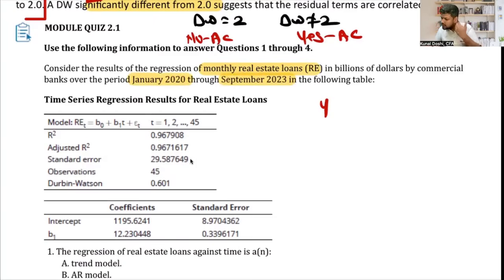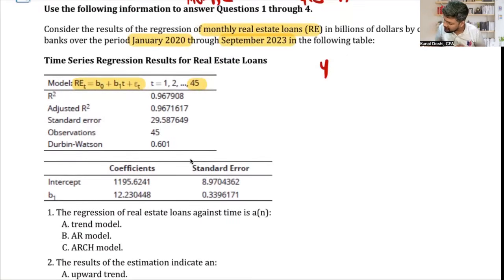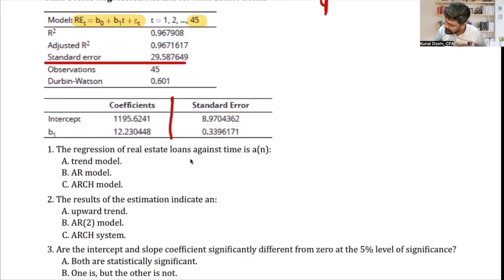So 12, 24, 36, plus 9, so 45 is my last time. This is my model. R square and all, observations are 45. The Durbin-Watson statistic is not equal to 2, so there is a problem of autocorrelation.